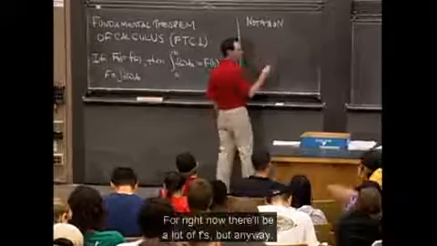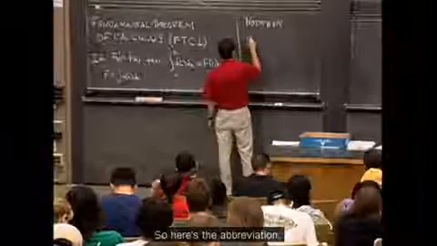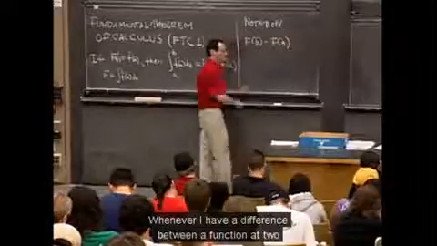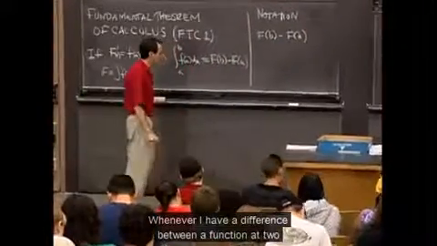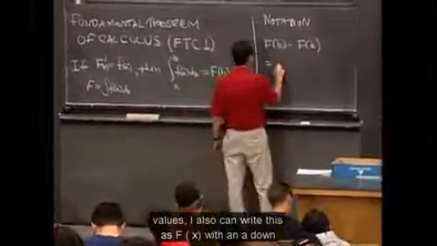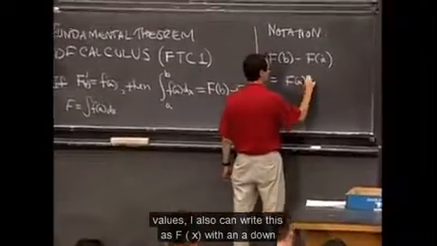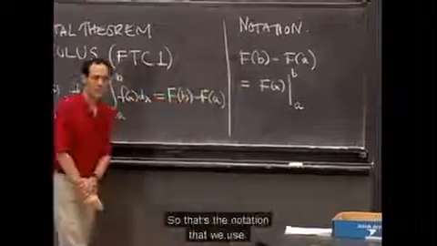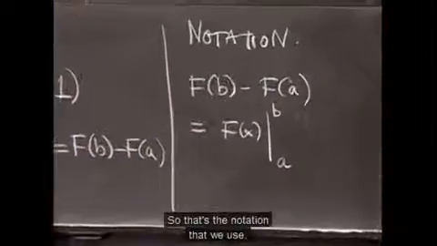For right now, there will be a lot of F's. But anyway, here's the abbreviation. Whenever I have a difference between a function at 2 values, I also can write this as F of x with an a down here and a b up there. So that's the notation that we use.